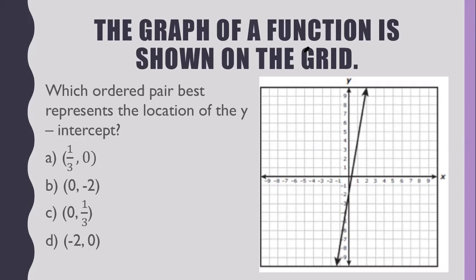I think people would mess up the ordered pair. The answer is not D because (-2, 0) is on the x-axis. It's (x, y). (0, -2) is this point right here. So the answer would be B.